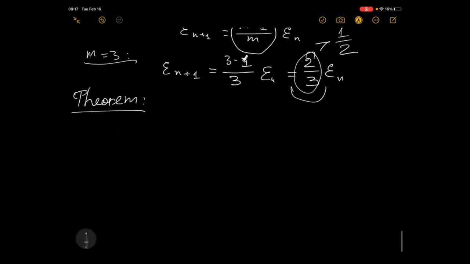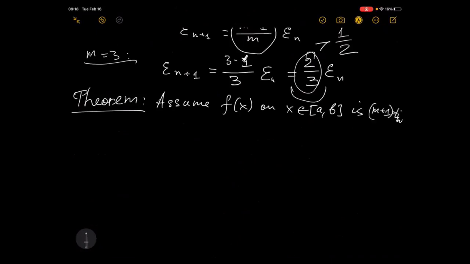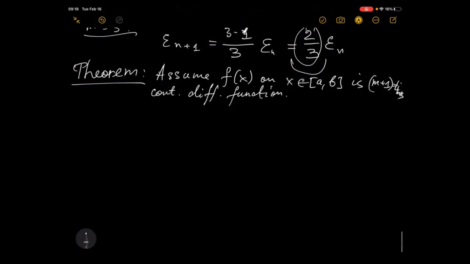As a result, I can formulate the following theorem. Assume f of x on the interval is m plus 1 times continuously differentiable, which means the derivative exists and is continuous.